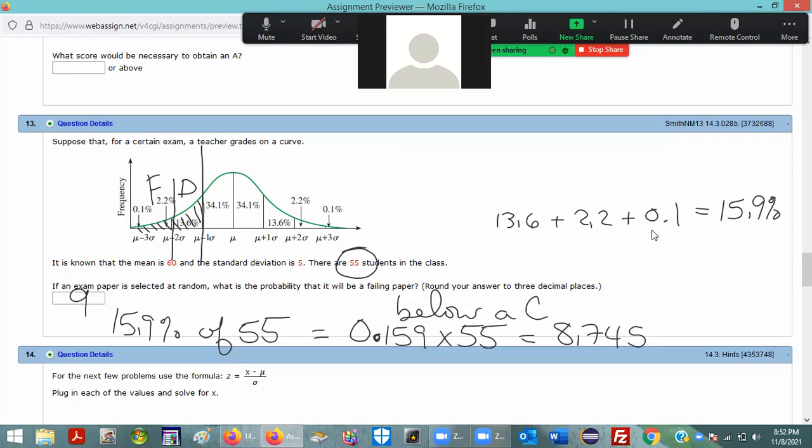Otherwise, if they asked how many individuals were just Fs, right? If that was the same, then the number of A's will be the same as the number of F's, right?